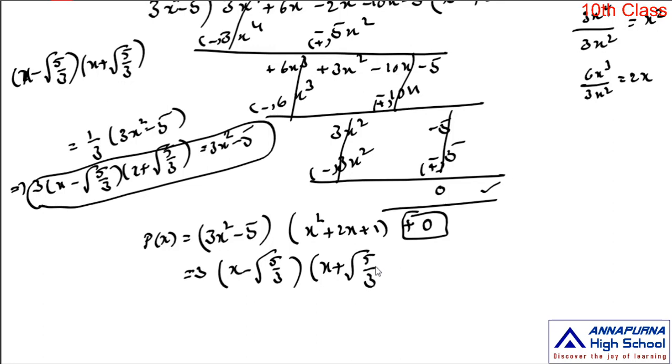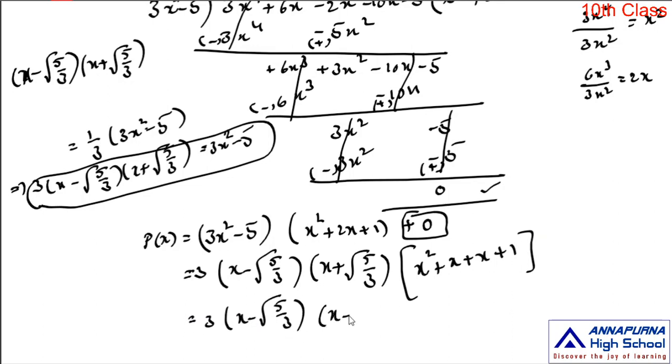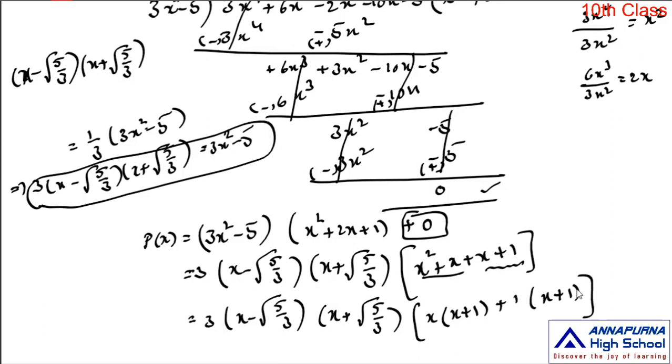now split this quadratic polynomial as a product of linear polynomials by factorization. When you factorize this quadratic polynomial, it comes like this: x² plus x plus x plus 1. So it is equal to 3 into (x minus root 5 by 3) into (x plus root 5 by 3) into, in the first two terms x is common, so the remaining part is x plus 1, and in the second two terms 1 is common, so the remaining part is x plus 1.